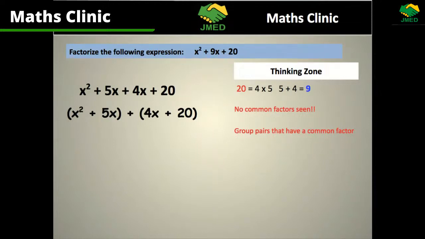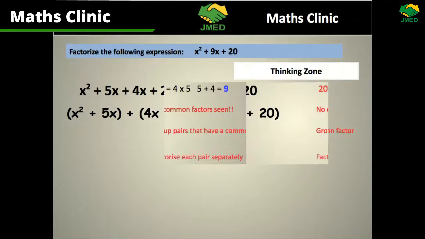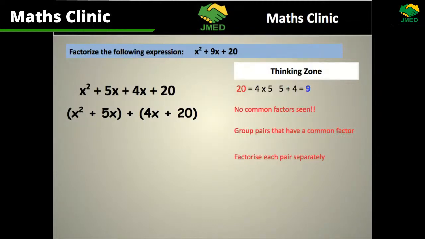So we are going to just bracket them up. In some cases, you don't have to move them, but sometimes you might have to rearrange the order that you've been given in an exam. But for quadratics, it will be okay if you just keep it. Factorize each pair separately. Talked about this already. So we can take x out, we can take 4 out from this one, and we'll end up here.